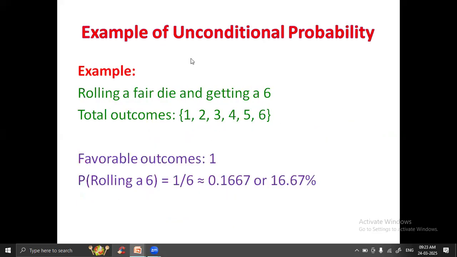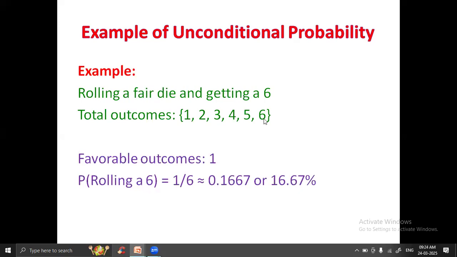Taking the example of rolling a fair die and getting a 6, the total outcomes are 1, 2, 3, 4, 5, 6, so totally 6. The favorable outcome for getting a 6: how many 6s are there? Only one 6.